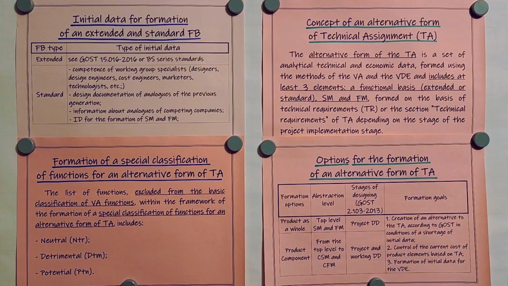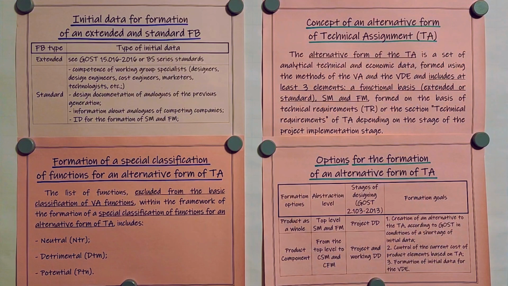In particular, there are 3 types of functions that make up the block of special functions, since all functions of the basic classification, in particular the functions of the block of general functions, namely consumer and technical and operational functions, can be used in the formation of the technical abstract functional model of the technical assignment.